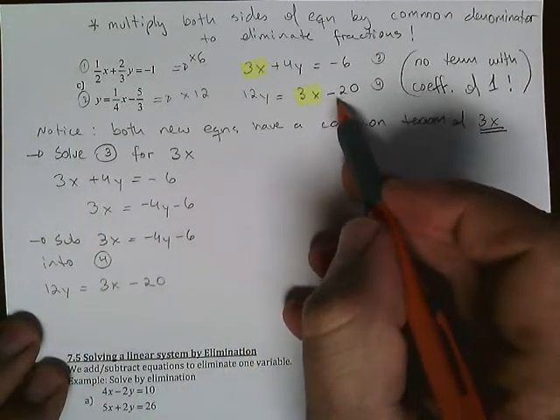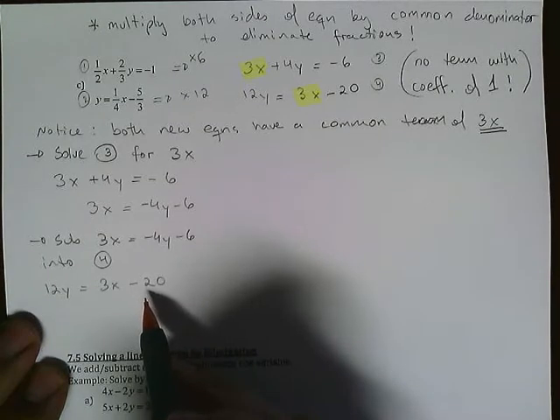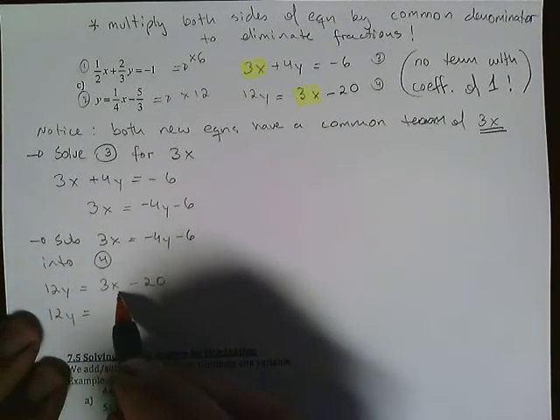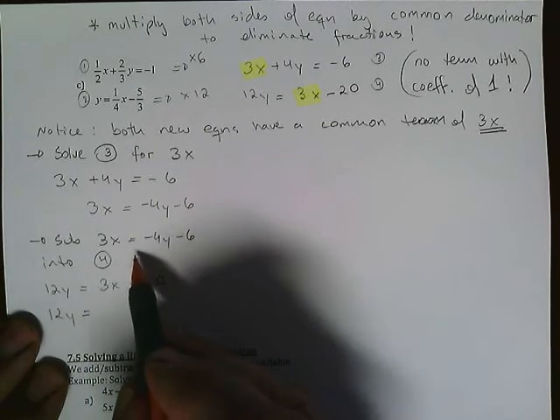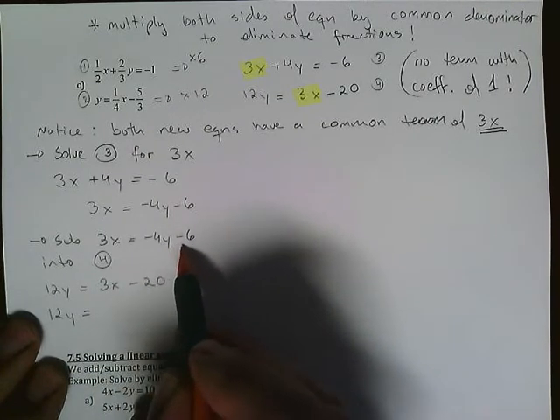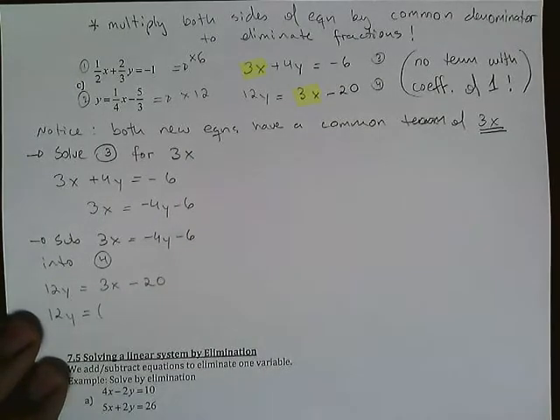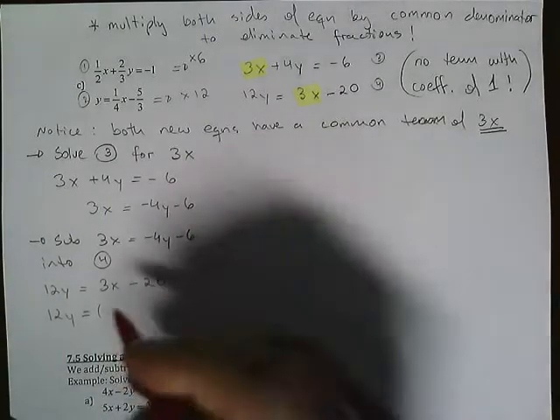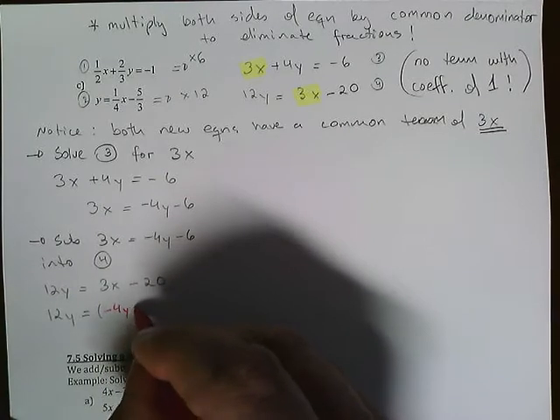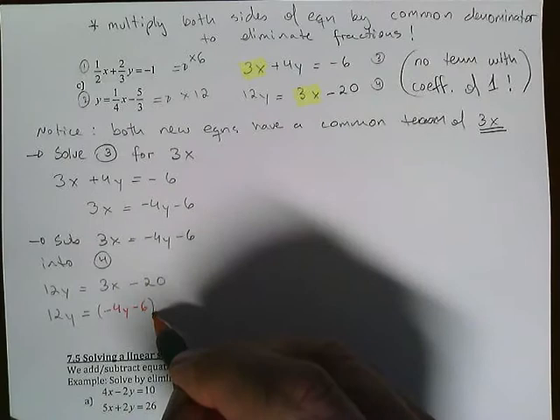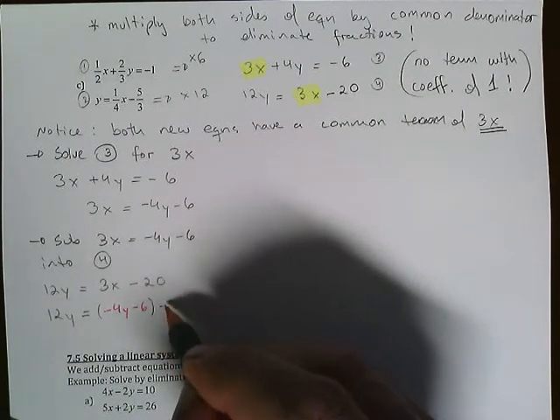Okay, that's right from here. Then I go 12y is equal to, what's 3x equal to again? Well, it's right there. It's negative 4y minus 6. So let's put that in brackets for now. Negative 4y minus 6. And then there's the minus 20.